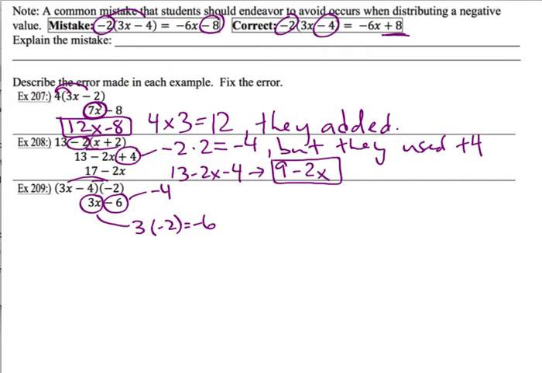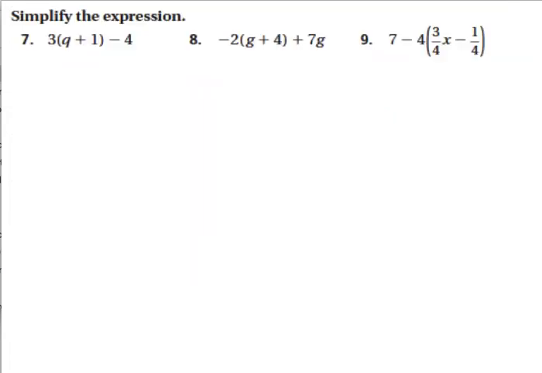Negative 4 times negative 2 should be 8. So this is negative 6x plus 8 as a correct answer. They made 2 different mistakes there. Looks like they added, and on the other one they just completely missed part of it. There's some more examples, but I think I'm going to skip over them and get into the assignment.